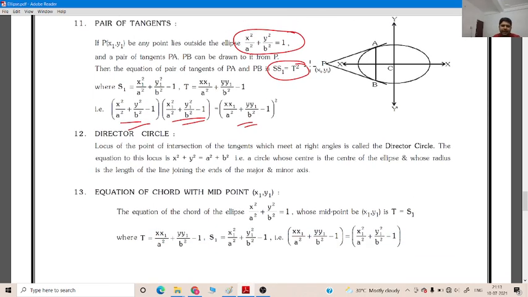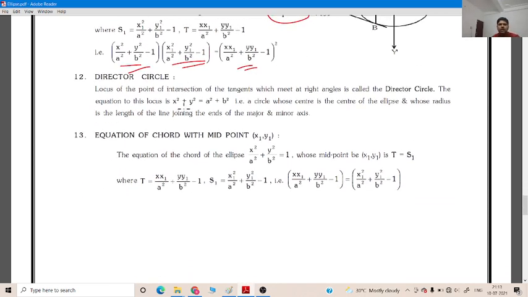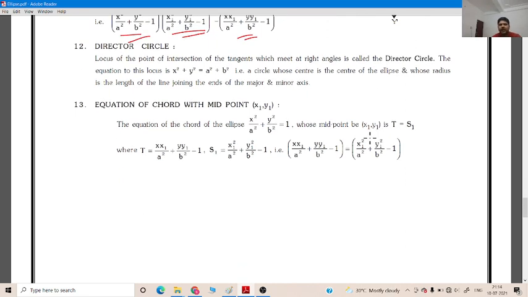And the director circle: the locus of a point of intersection of the tangents which meet at a right angle is called a director circle. Say, if we consider an ellipse like that, from here one tangent is this one, and here also we consider another tangent.